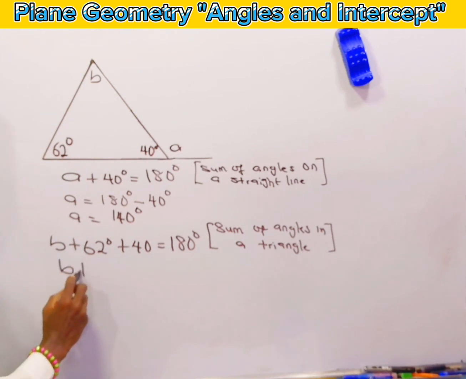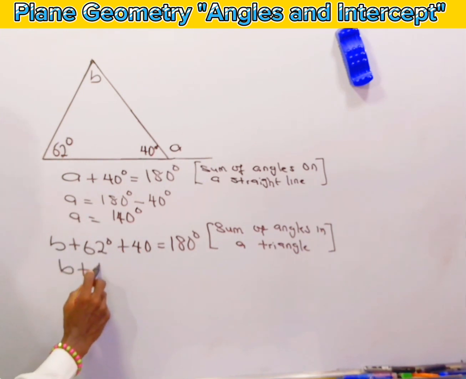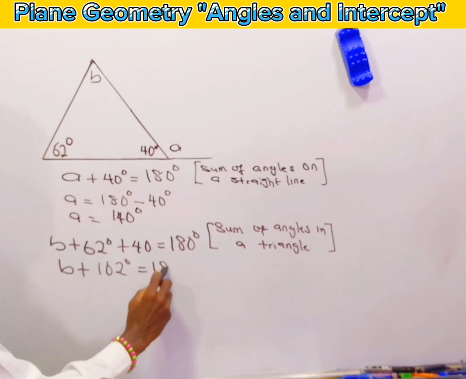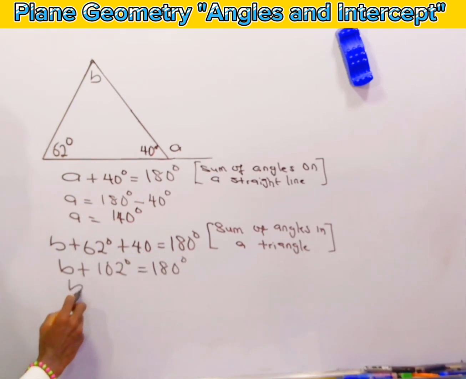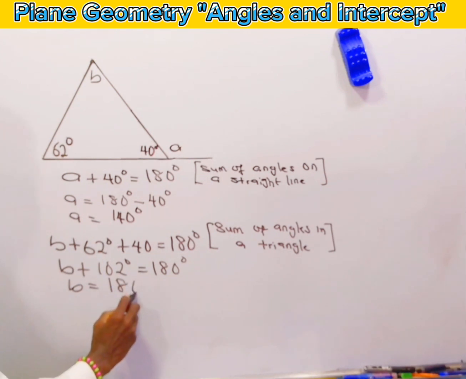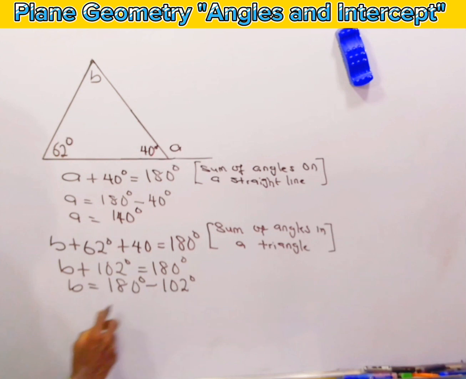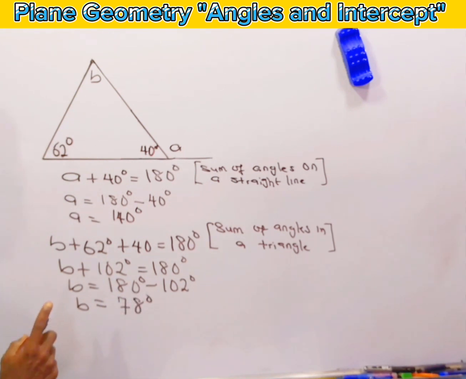Now, B plus 62 plus 40, that's 102 degrees, is equal to 180 degrees. B will now be 180 degrees minus 102 degrees. That makes B 78 degrees. This is the first method.